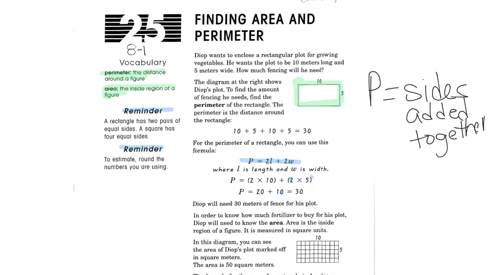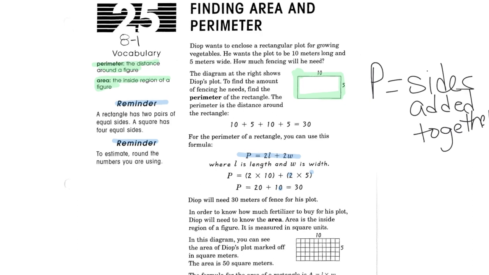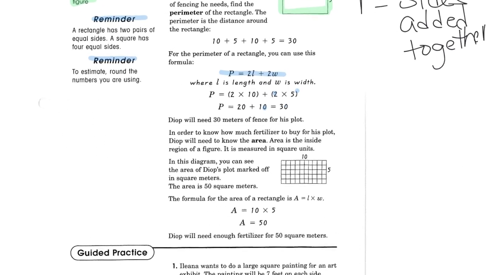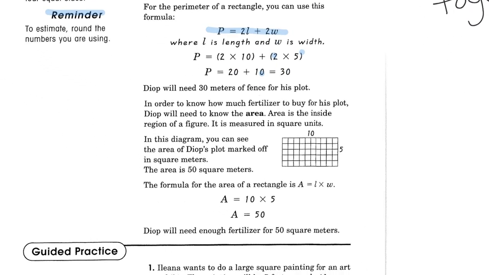That's perimeter. Now, remember, perimeter is all sides added together. When you go to area, it says, in order to know how much fertilizer to buy for his plot, Diop needs to know the area. The area is the inside region of the figure. It is measured in square units.